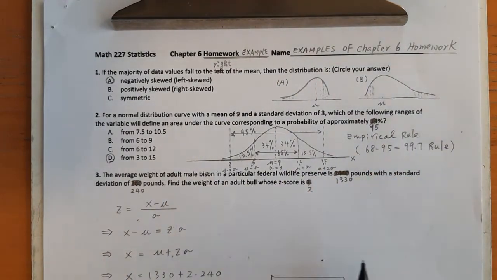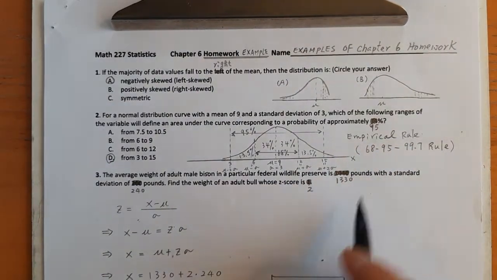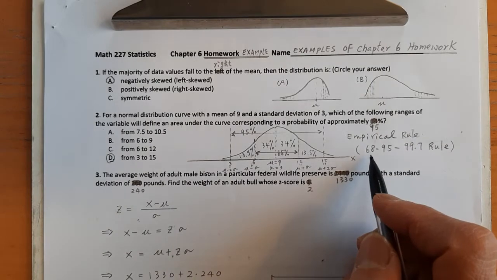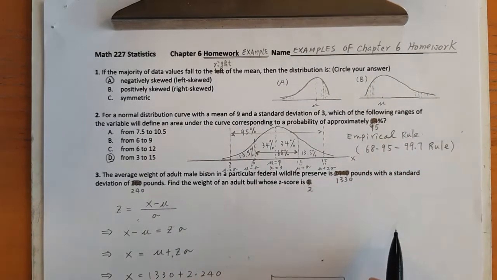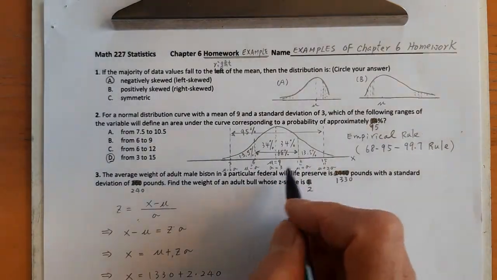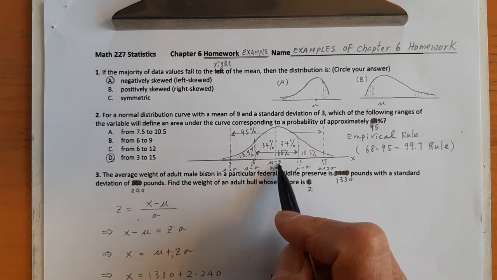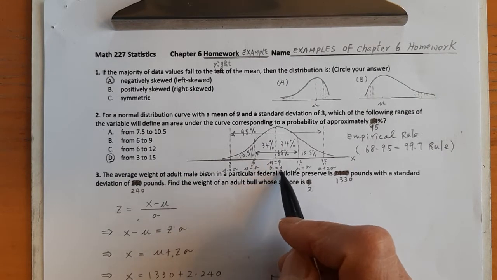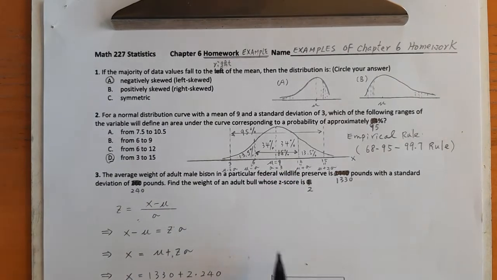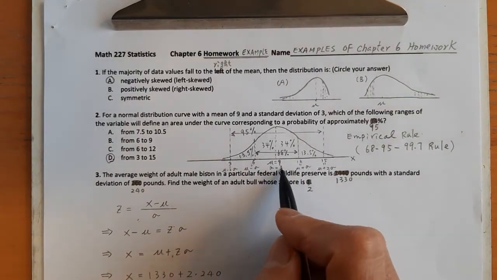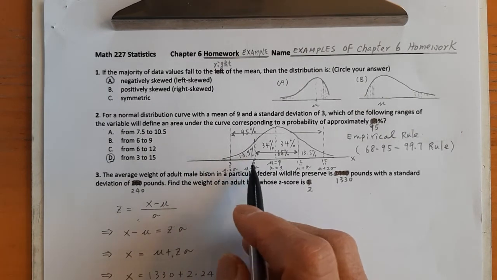So we are going to use the empirical rule. The empirical rule is also called the 68, 95, 99.7 rule. It is within standard deviations about the mean. The mean is 9. One standard deviation is 3. 9 add 3 is 12. 12 is one standard deviation above the mean. 9 minus 3 is 6. 6 is one standard deviation below the mean.